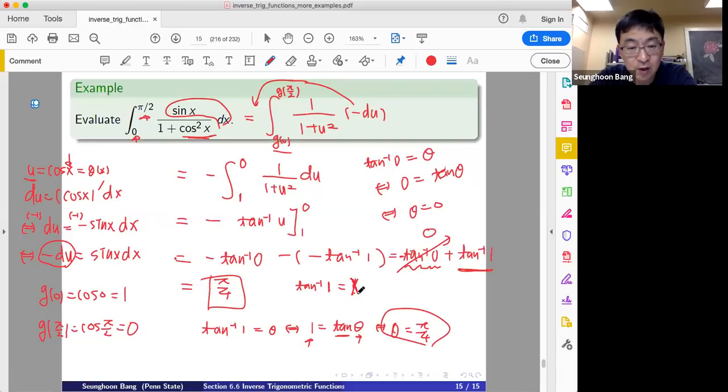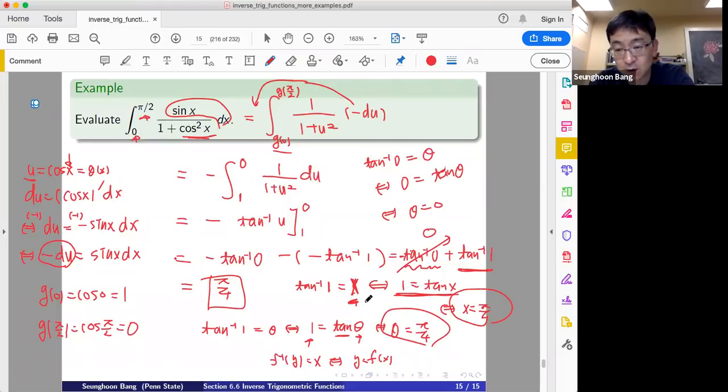You can use the definition: the inverse of y equals f of x is given, and you can change it to the y equals f of x form. Change it to 1 equals f of x, which is tangent of x. Tangent of x equals 1. What is x? Only the angle pi over 4. This is the reason. The angle is pi over 4.